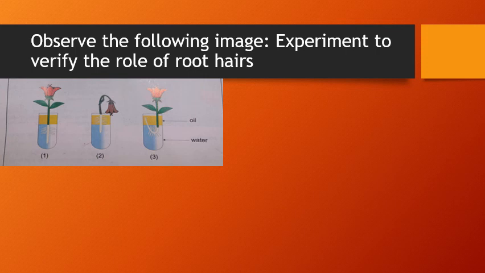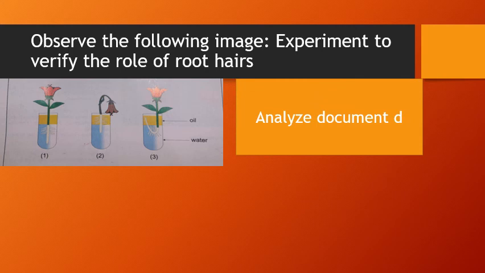It wilted. Now, in the third tube, the root hairs are placed in water or in oil? Think, then answer. Excellent. They are placed in water. And what happened to the flower? Did it grow? Think carefully. Excellent, it grows.